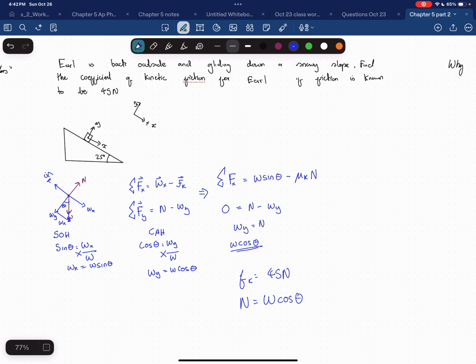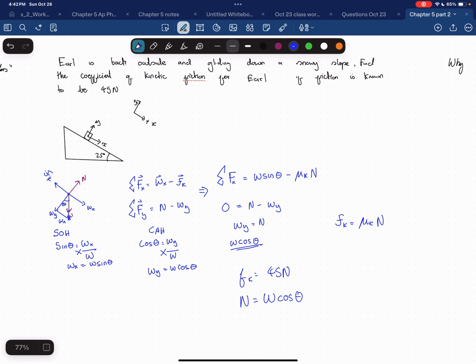We want to know mu sub k. Our equation for kinetic friction is f of k equals mu sub k times n. So if I divide by n, mu sub k equals f of k over n.